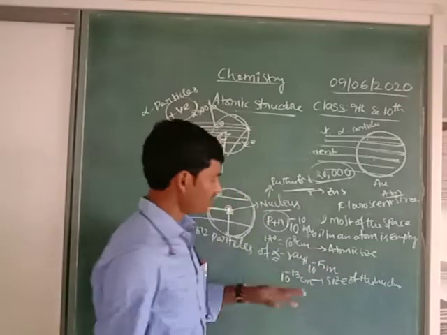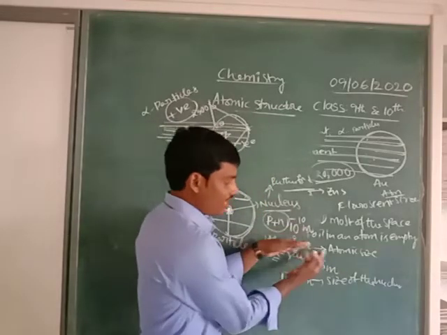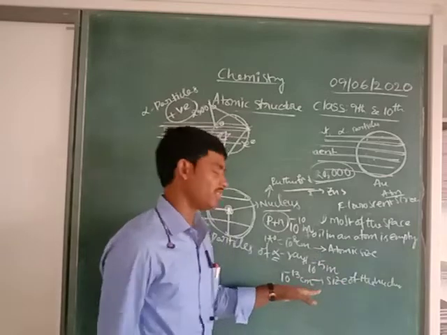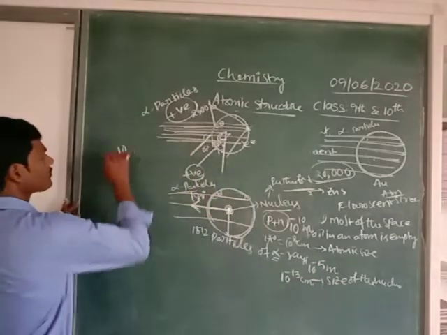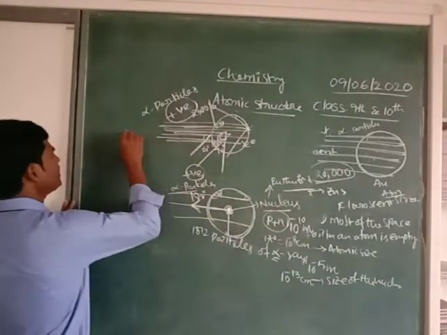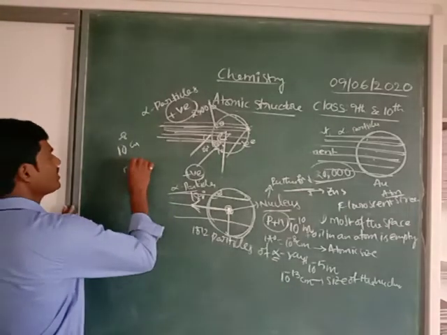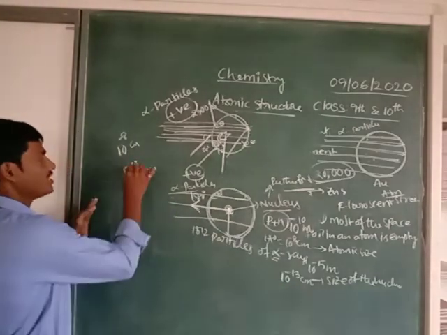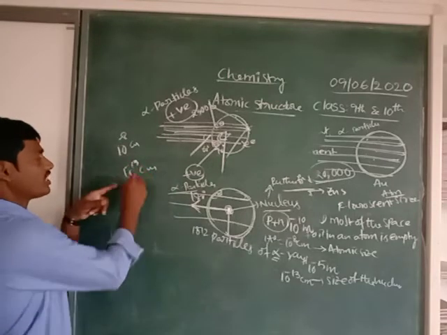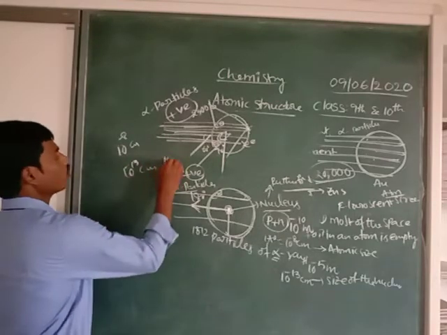See children, what is the difference between the size of the atom and the size of the nucleus? 10 to the power of minus 8 centimeters is the size of the atom, and 10 to the power of minus 13 centimeters is the size of the nucleus. The difference is 10 to the power of 5.